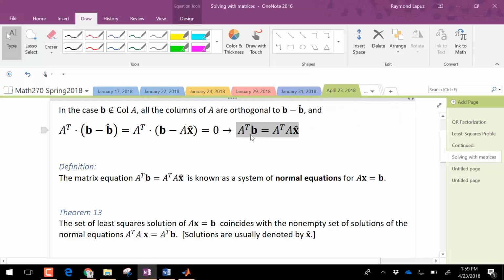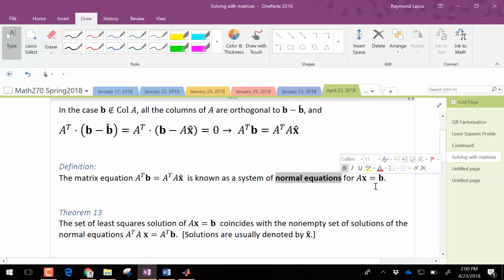and then bring one of the terms to the other side, and we get this relationship right here. A transpose times B is equal to A transpose times A times the x hat that we're looking for. This matrix equation has a bunch of equations built in, and that system of equations is called the normal equations for Ax = B when Ax = B is inconsistent.